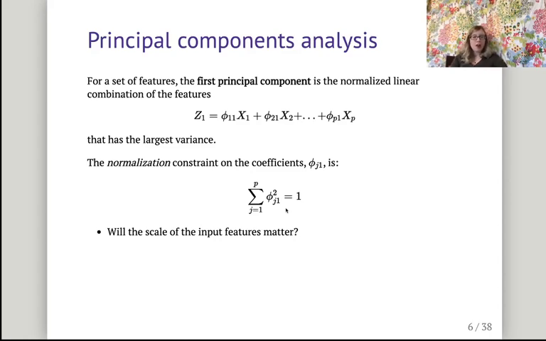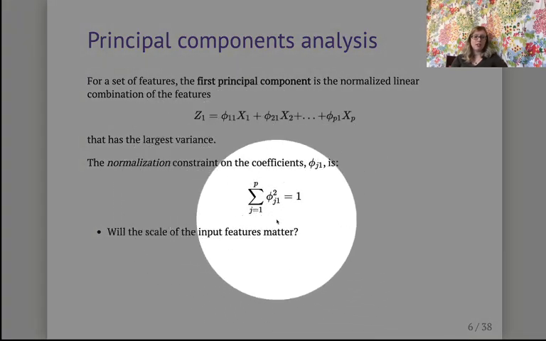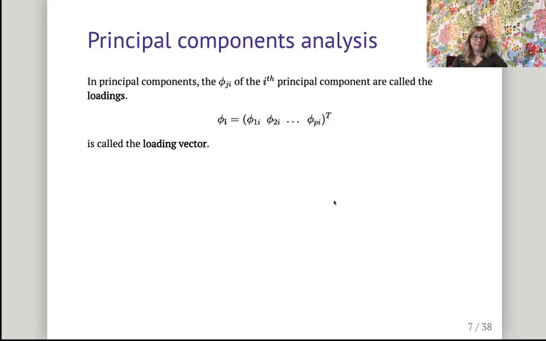Now, as you can probably tell from this description, the scale of the input features is going to matter as well. If we're limiting these coefficients so that their squares sum to 1, we might want to restrict the scale of those input features as well.